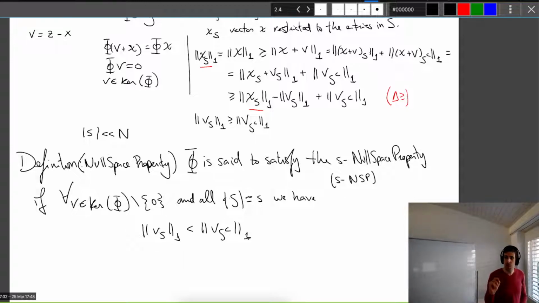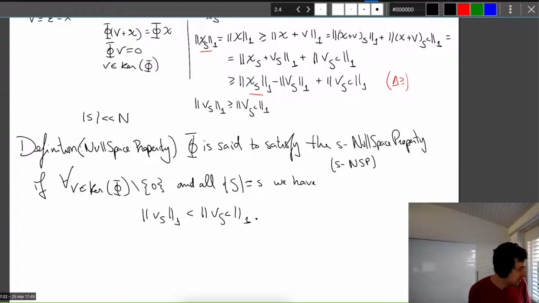Okay, so we say that the matrix satisfies the null space property for a number S if all the vectors in the null space are sort of evened out. They're not very spiky. There's no small set of coordinates where they have most of their L1 norm, most of their L1 mass.